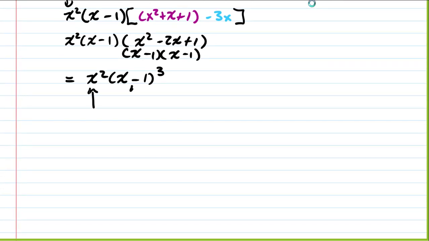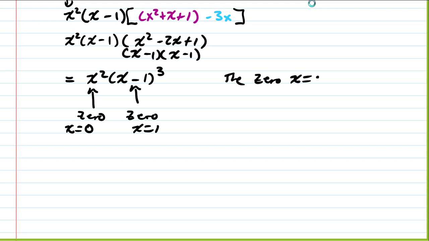So we have two zeros. So the 0 of x squared is x equals 0. And the 0 of x minus 1 is x equals 1. The 0, x equals 0, has multiplicity 2.